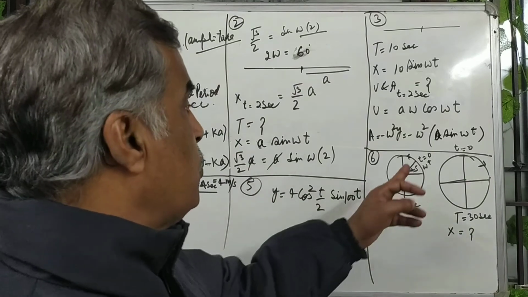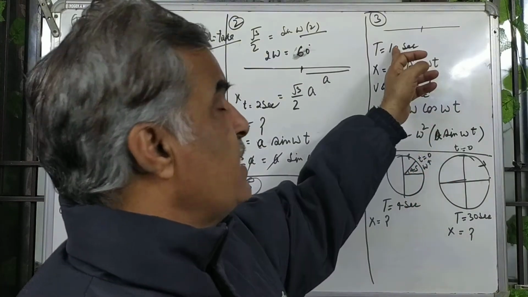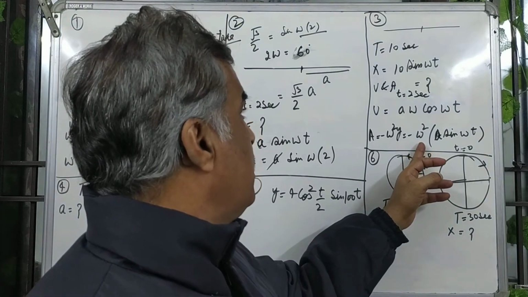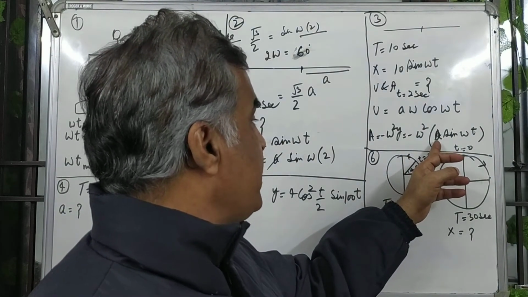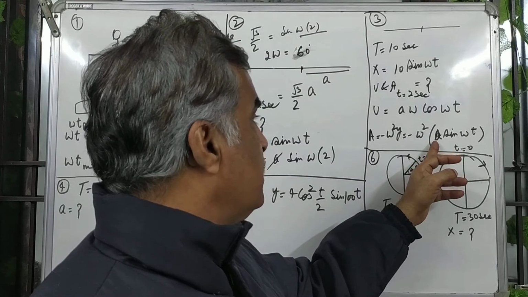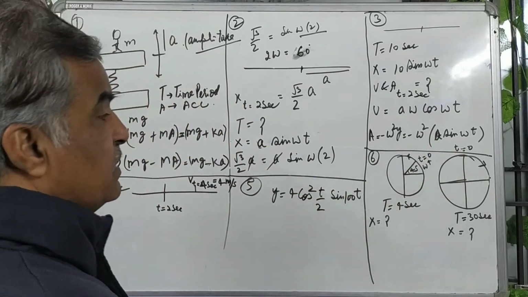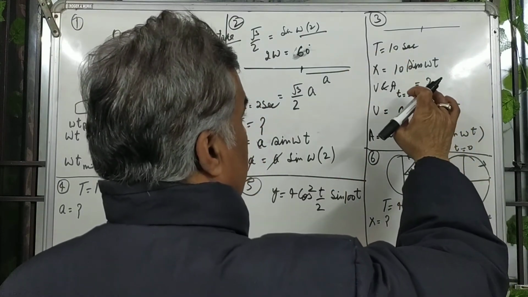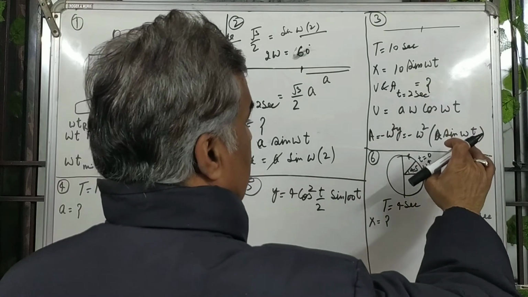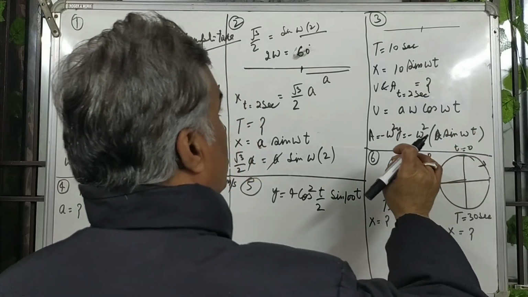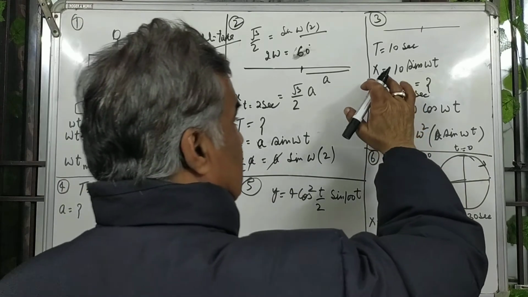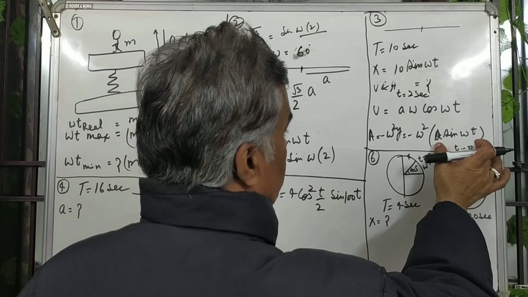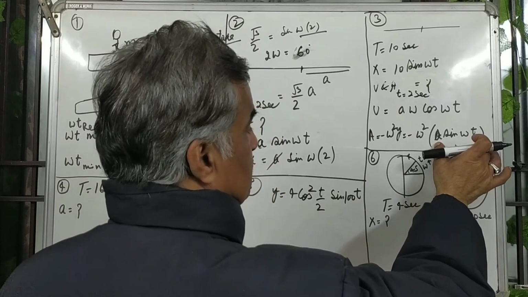In this, omega is 2 pi by T, which is known, and amplitude A is given, A is 10. And sin omega t, you can say this is the given equation. So x equal sin omega t, you will substitute the x value over here. This is the x.